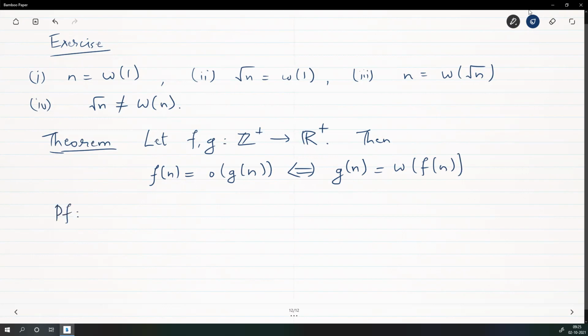Again, this I will leave to you as an exercise because this is much simpler than what we did last time. Just use the definition. It's very, very easy. You will be able to prove this in less than 1 minute. Let's check this. Okay.